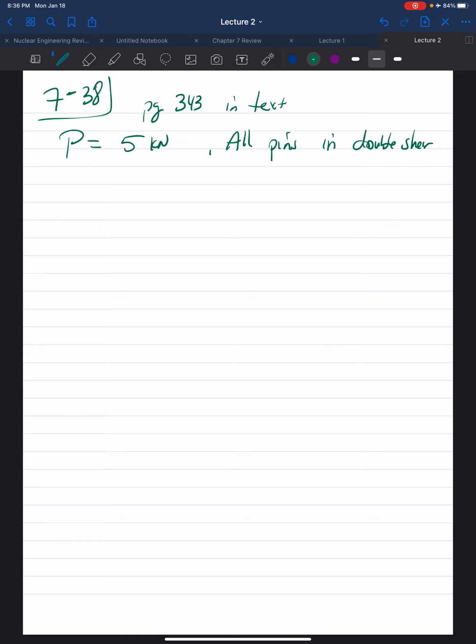And each has a diameter of 18 millimeters, 0.018 meters. So it's a pin. They want to know the shear stress in the pins A, B, and C.